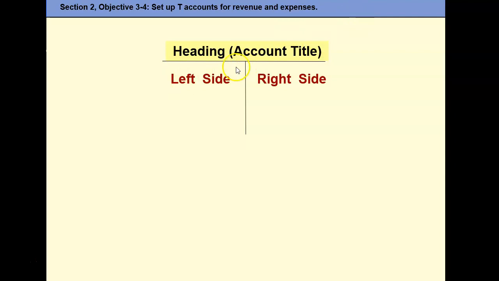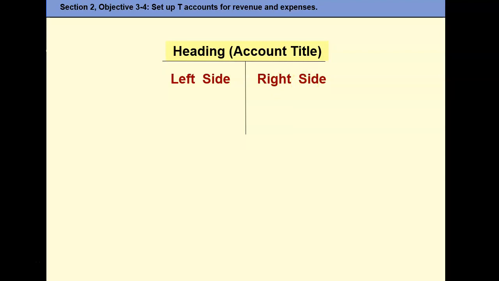Again, debit refers to the left-hand side. The right-hand side of the T account is known as the credit side. So in accounting, the term credit refers to the right-hand side of the T account.